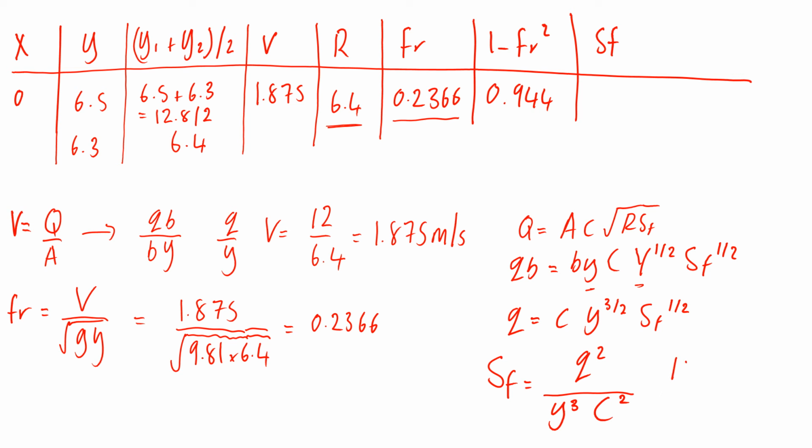So that's 12 squared over 6.4 cubed and then 30 squared. And your S_f will be 0.00061.